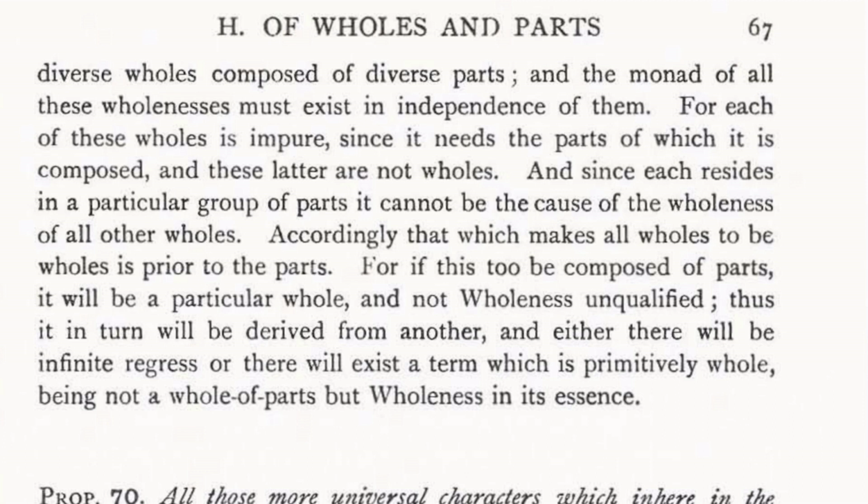For if this too be composed of parts, there will be a particular whole and not wholeness unqualified. Thus, it in turn will be derived from another, and either there will be an infinite regress, or there will exist a term which is primitively whole, being not a whole of parts, but wholeness in its essence."